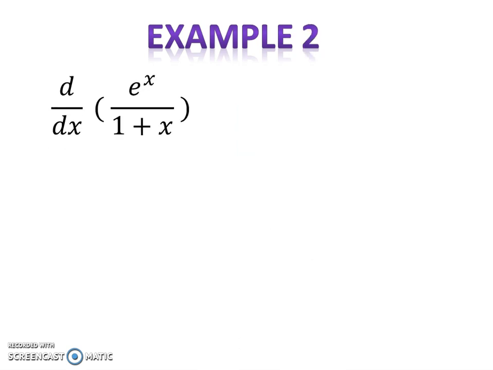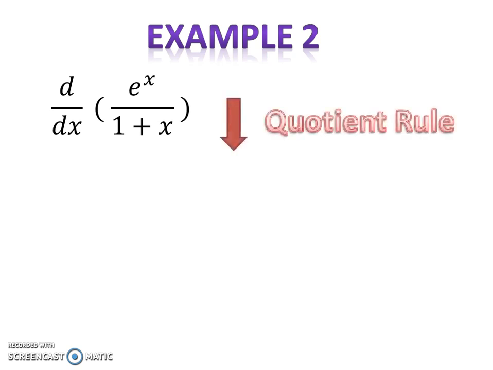Now, we want to differentiate an expression over another expression. What should come into your mind? The quotient rule. You can apply product rule here, but I want to use quotient rule for this example. So let's go through this slowly. How should we begin?